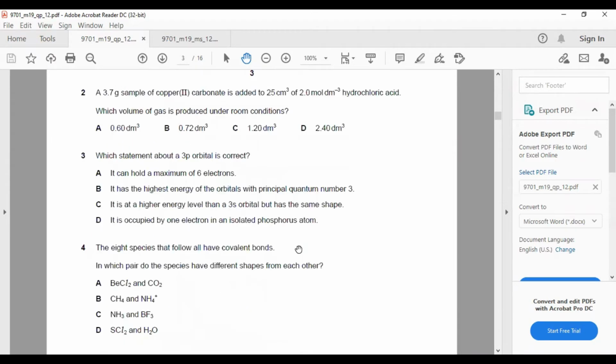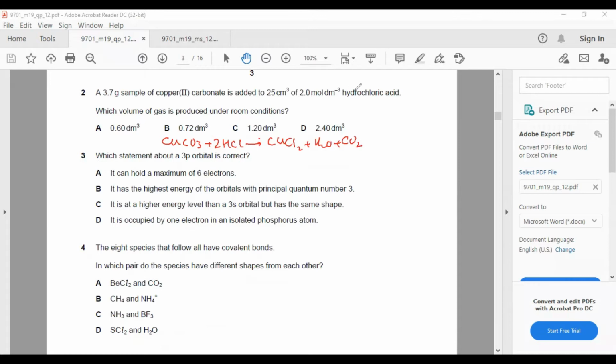Number 2 is a calculation. Please do it. This is 3.7 gram copper carbonate added to 25 cm cube of 2 mole per dm cube HCl. First find which gas. What is the equation? Copper carbonate plus 2HCl gives copper chloride plus water plus carbon dioxide.